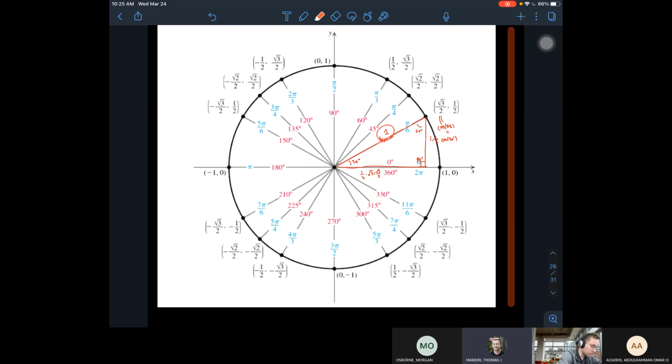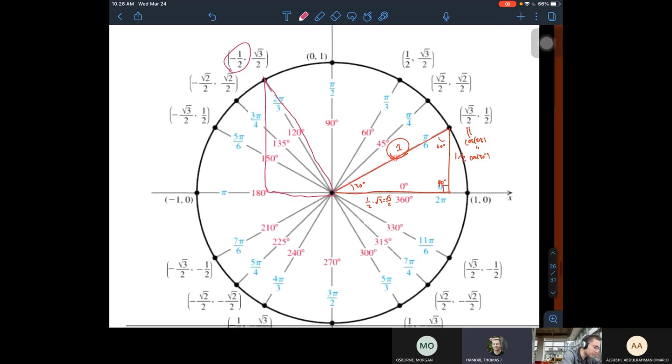Perfect. But you need to know how these points here manifest if you are to, say, draw a triangle in here. You need to know that the 1/2 here, that's negative 1/2, means that the x coordinate of this is 1/2.